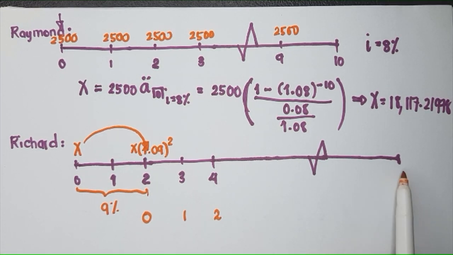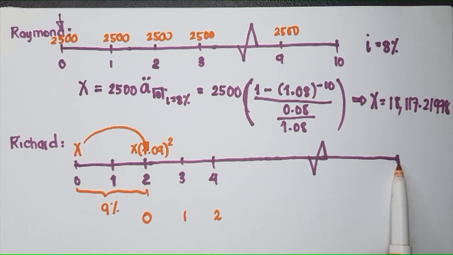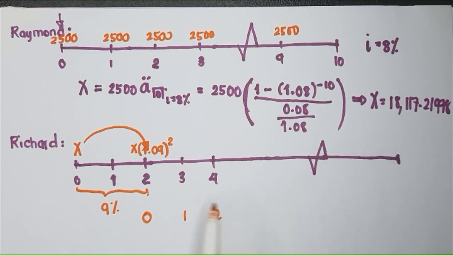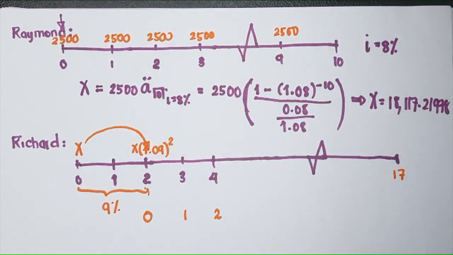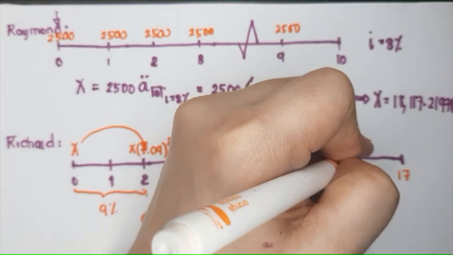What could be the value of t here? It should be 2 plus 15, so 17 here, and this is 16.